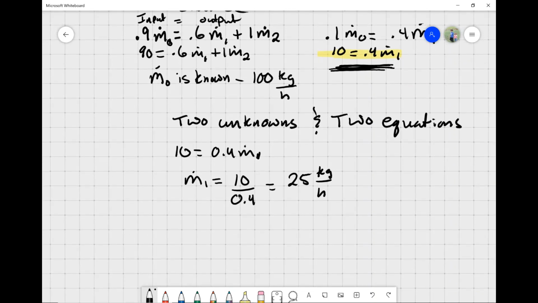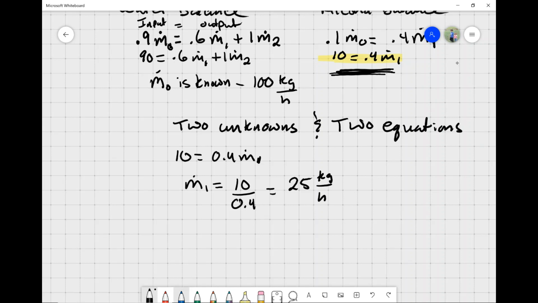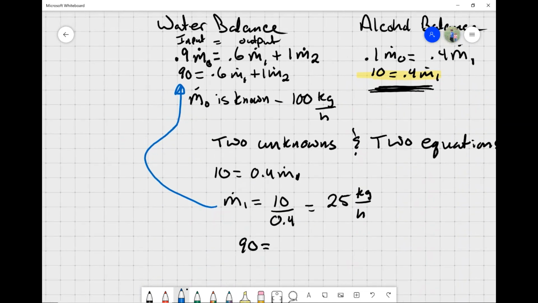And then we can plug that into this equation. You can just plug it back in to this one. And so now we have 90, and let me write out what we're doing just for completion. If it'll let me switch pens, there you go.